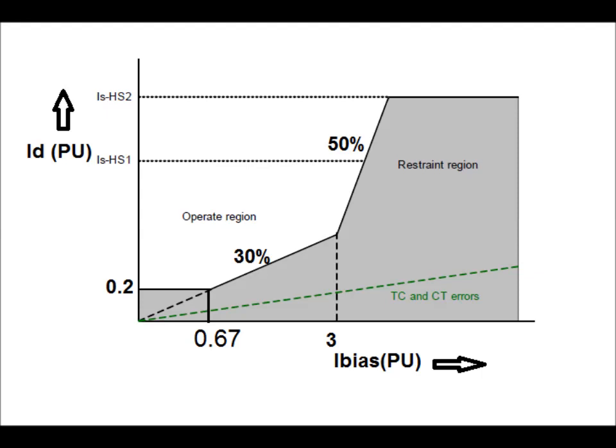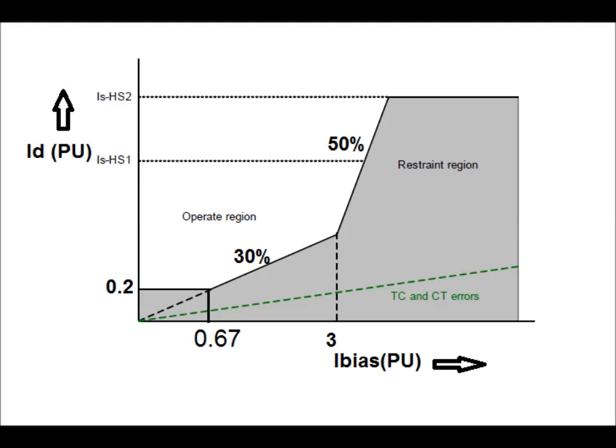From I bias greater than 0.67 up to a range of 3, the ID must be greater than the 30% slope to remain in the operating region, otherwise it will not operate. If I bias is greater than 3, then ID must be greater than the 50% slope for the relay to trip, otherwise it will remain in the restraining region.